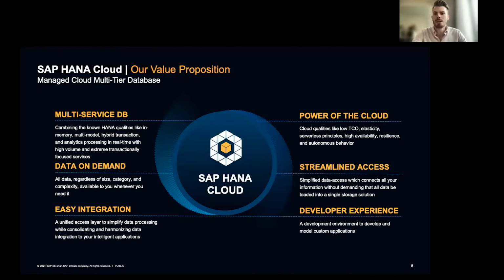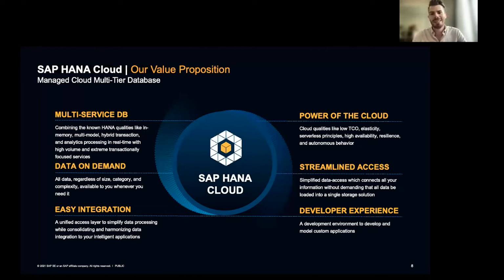But on the other hand, we also give them the possibility to, to some degree, streamline the landscapes that they have, because HANA Cloud in specific is tailored to make it easy to distribute the access to data. And this is something I'll explain in a few more minutes in a bit more detail.